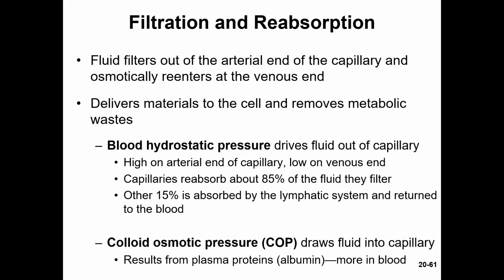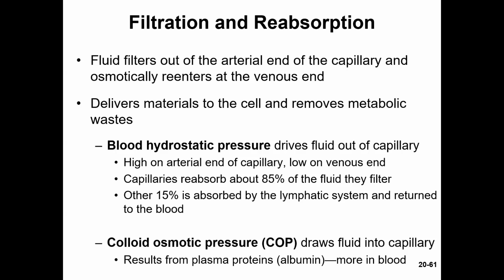Fluid filters out of the arterial end of the capillary and osmotically re-enters at the venous end. It delivers material to the cell and removes metabolic waste. The blood hydrostatic pressure drives fluid out of the capillary. It's high on the arterial end of the capillary, and low on the venous end.